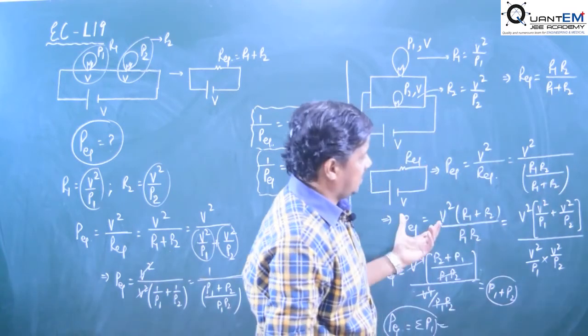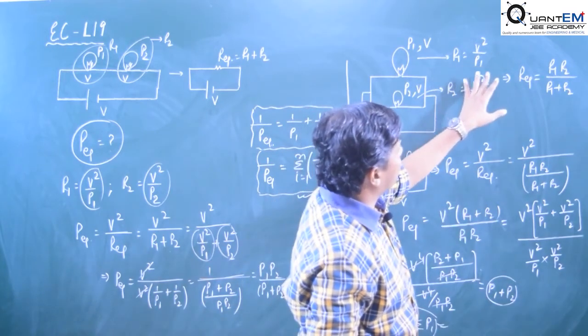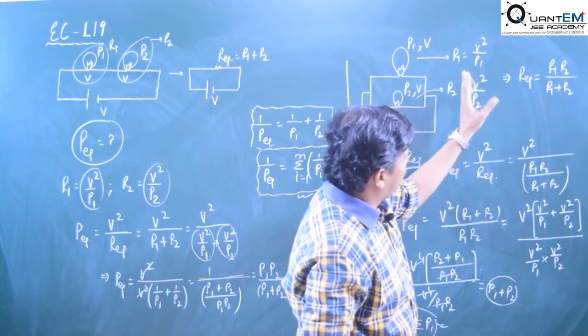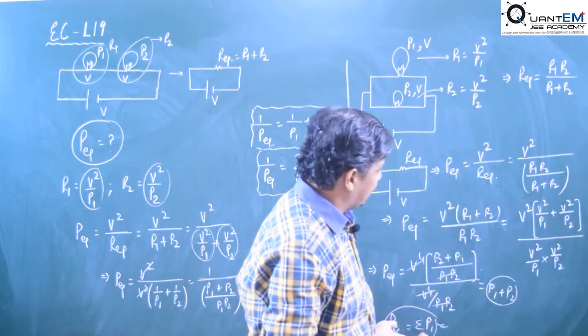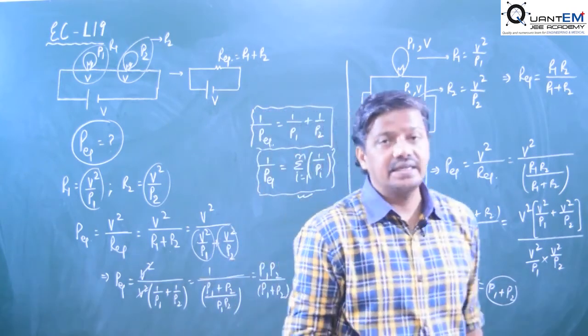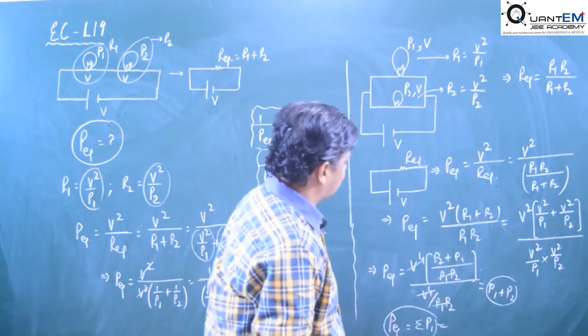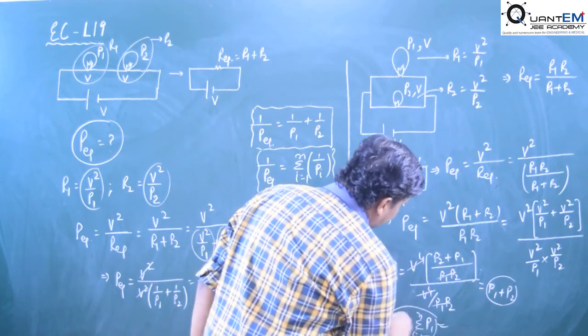Now simplify it, and in place of R1 and R2 we put V square by P1 and V square by P2 that we got initially, and solving we get this result. So if the elements of given ratings are connected in parallel, then power consumed is sigma of Pi, from i is equal to 1 to N.